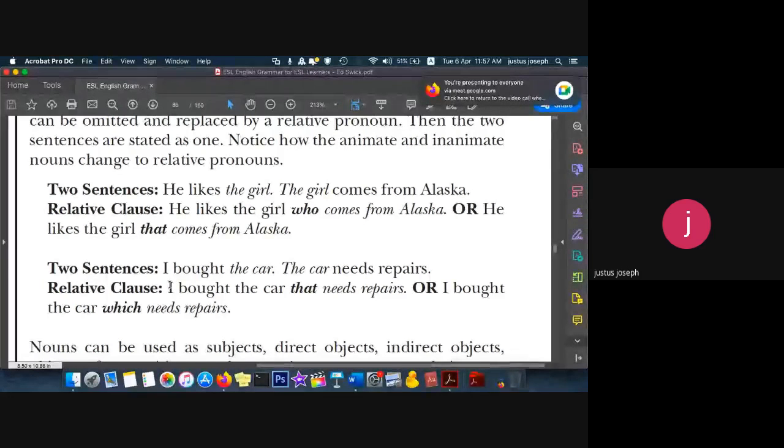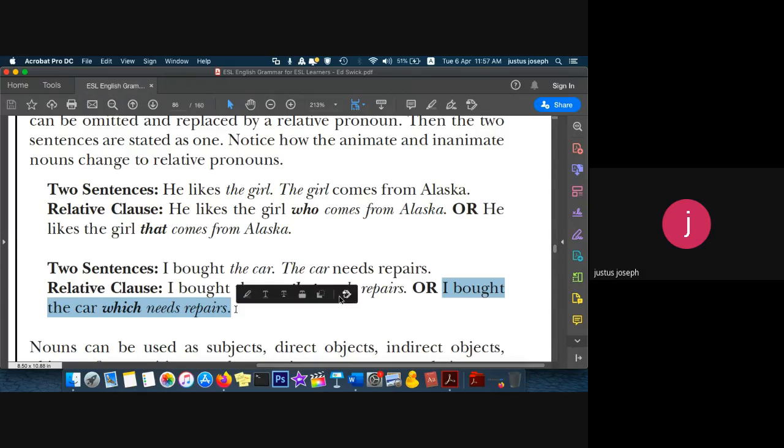So, yeah, coming back. The difference between this sentence, the sentence that I have highlighted right now, I bought the car that needs repairs, and this sentence, I bought the car which needs repairs. There is a very small difference here.